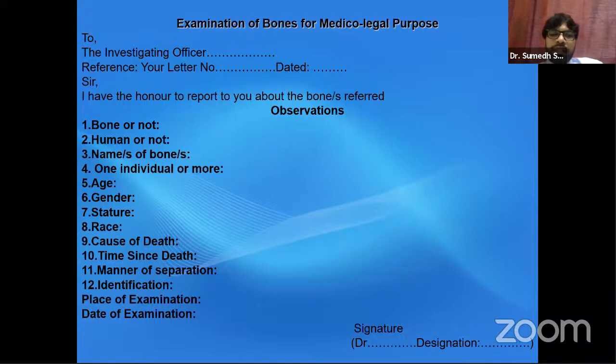So all these representatives are over here. You are not aware who is going to die, and whether there would be foul play in the case of death. If foul play is there, the race or ethnic origin would help you to know which region the individual belongs to.